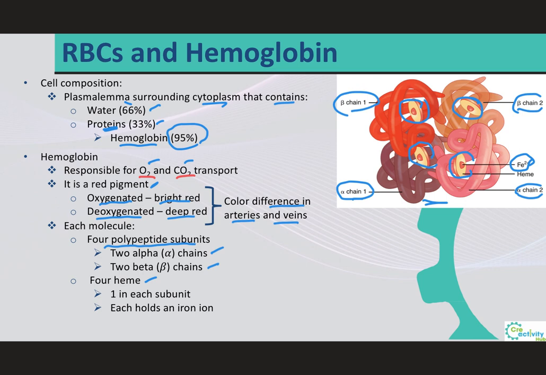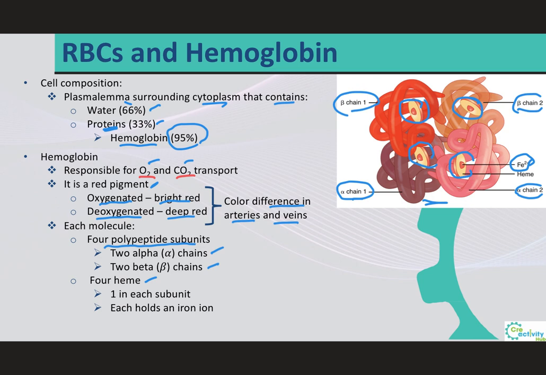Just as a curiosity, there are approximately 280 million molecules of hemoglobin in each normal red blood cell. And because a hemoglobin molecule contains 4 heme units, this means that each erythrocyte potentially can carry more than 1 billion molecules of oxygen. Let's not forget about the carbon dioxide.